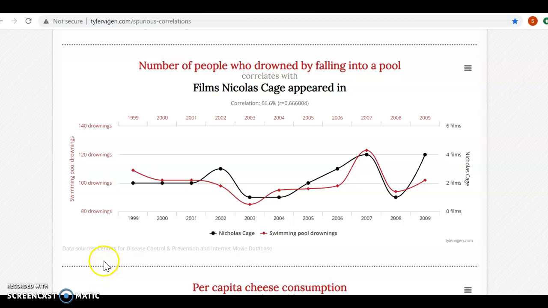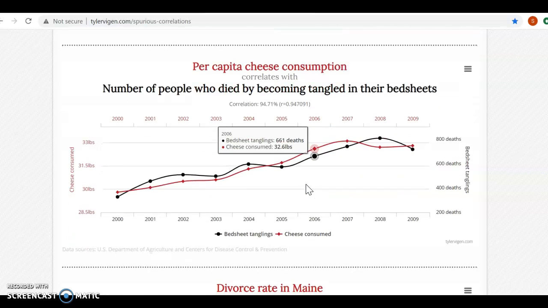What we're saying is that there's a pretty high correlation, 0.66, but it's not cause and effect. To do cause and effect, you need to have an experiment done or random sampling where things have been randomly assigned, and then you can track certain things that way. But this isn't that. This is just how many drownings happen in a year and how many films Nicolas Cage was in, and there's definitely a correlation. You can see it tracks pretty close, goes up and down.